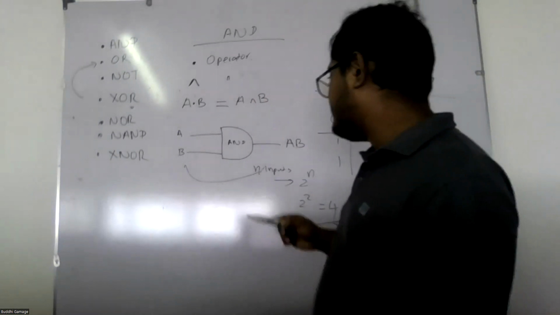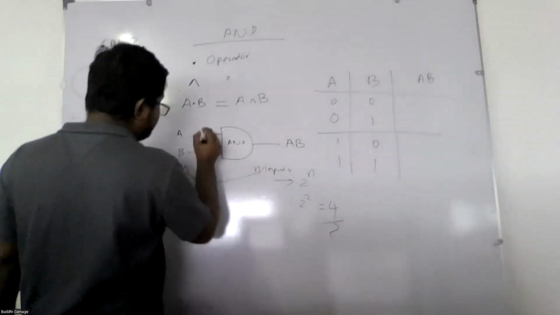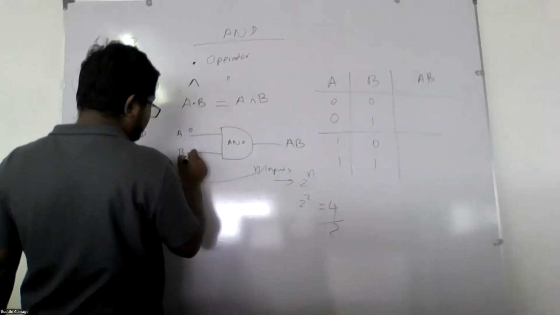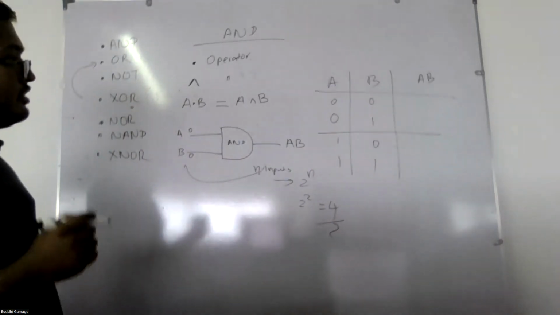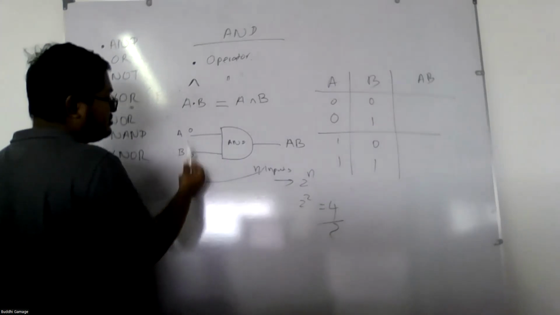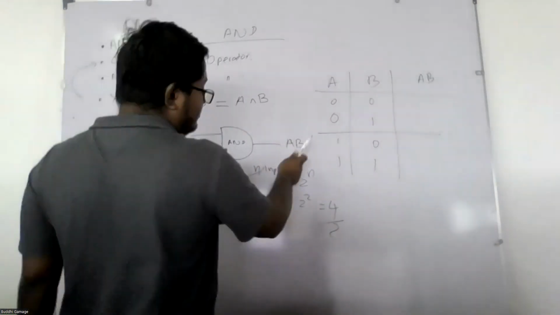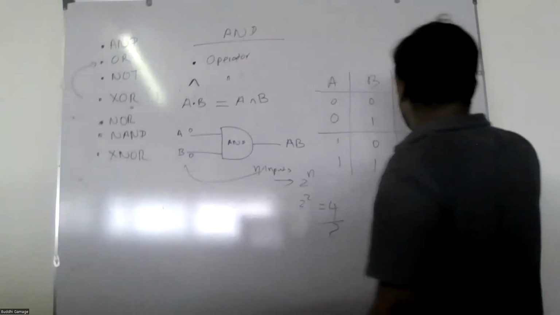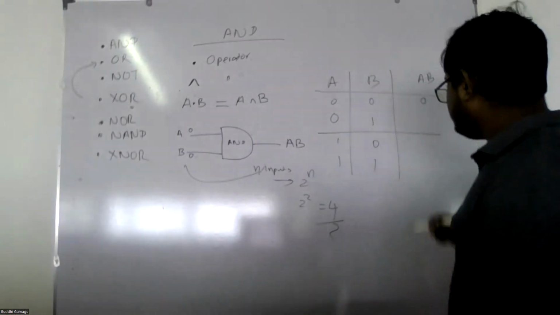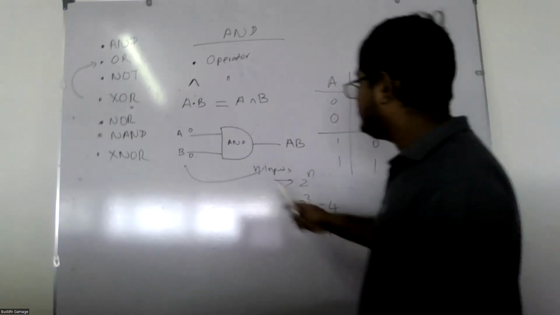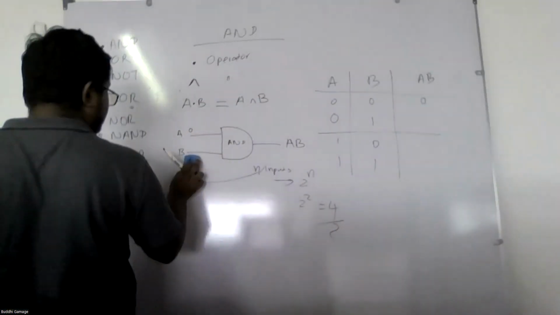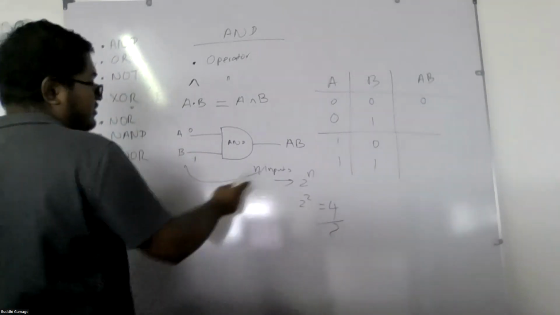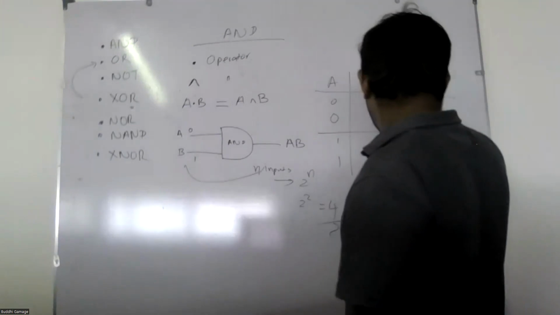So here this is also 0 and this is also 0. Our logic is, if both inputs are 0, then the output A dot B, A and B, is also 0. For this one, B is 1, so even then A and B will be 0.